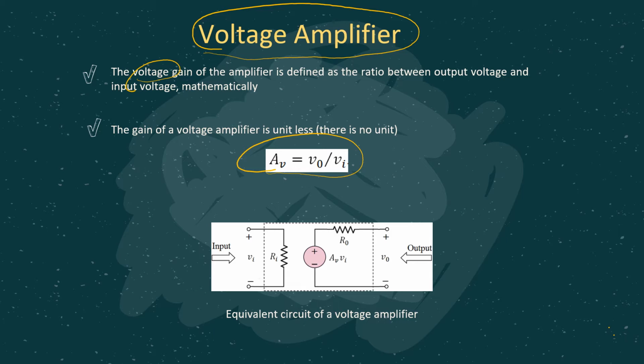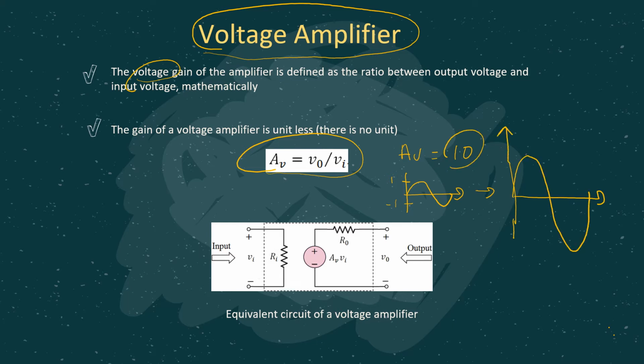Okay, so in this case, if you have AV equals 10, what does it mean? It means that the signal is amplified by how much? By 10 times. For example, if you have an input signal like this, the amplitude, then after it goes through this voltage amplifier, because the voltage gain is 10, it becomes something like this, bigger.